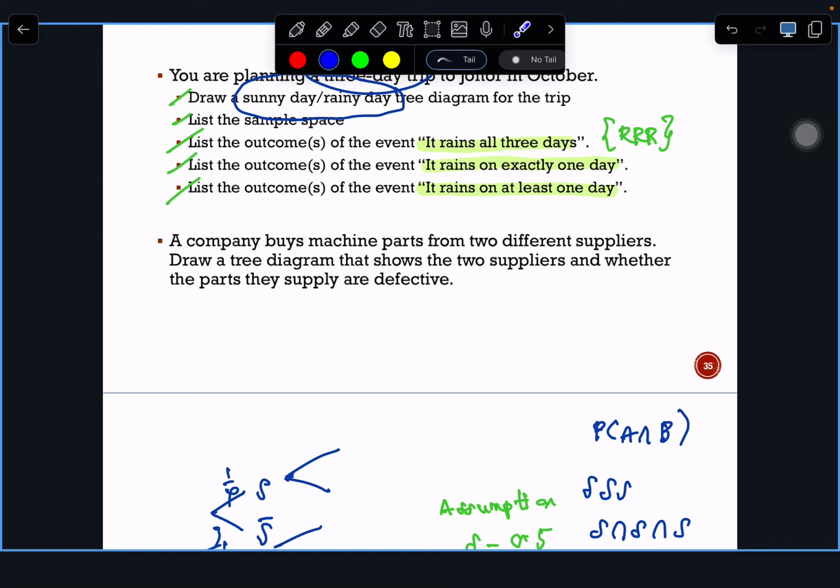Okay. Can somebody come to the front and draw? Where's the marker? Pen? Okay, go. Try.